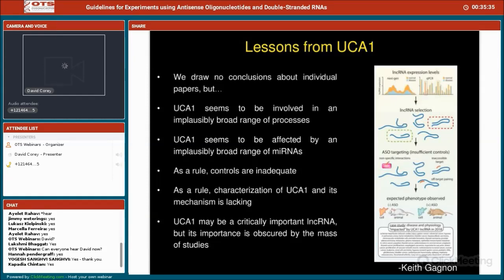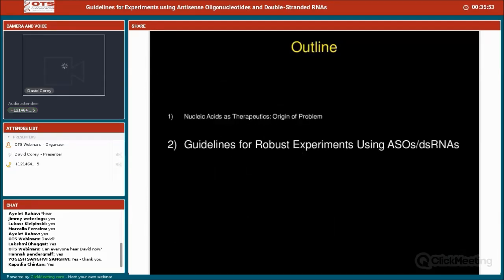So one of the purposes of starting this conversation about guidelines would be to help readers and editors narrow down the papers that are worth attention, and also to help authors produce papers that are going to be more persuasive.